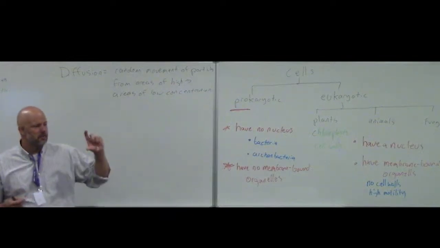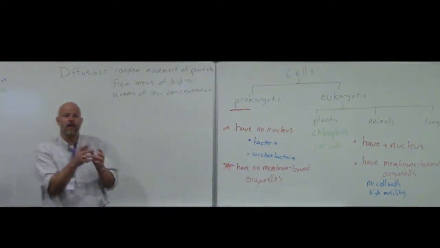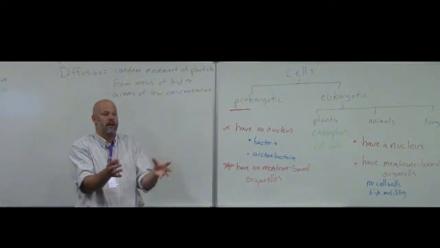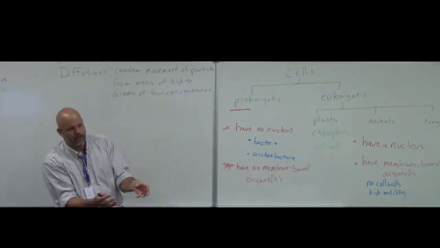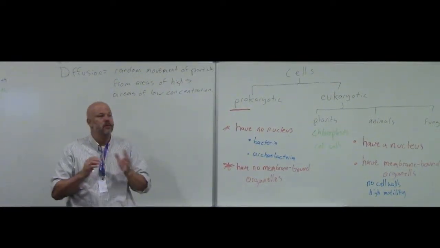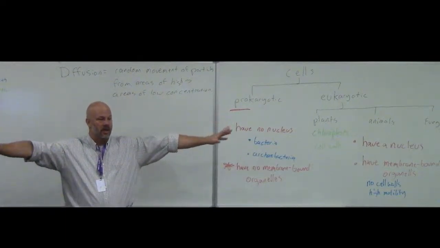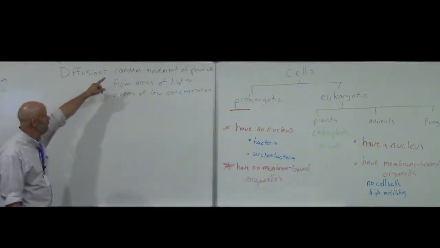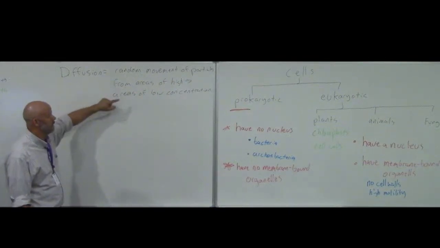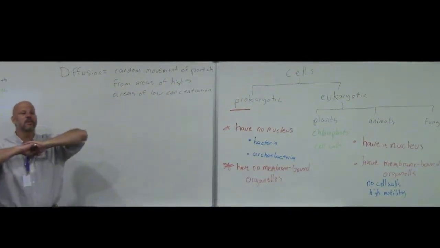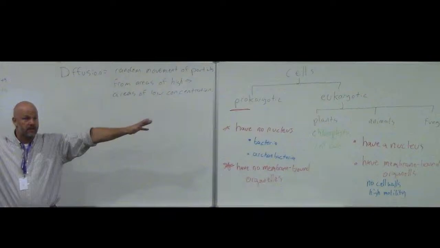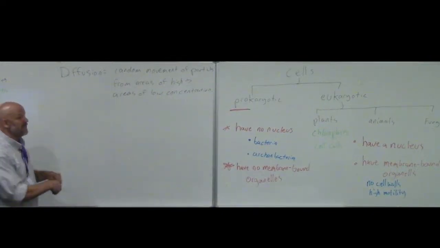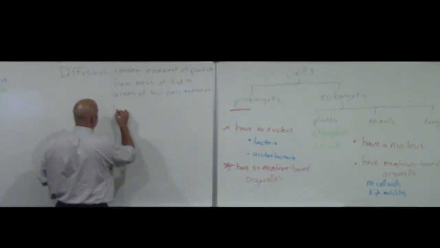Because it starts off super concentrated. It's there in that bottle, and when I first spray it, it's just there right in front, right? And if you were right there, you'd be like, wow, that's a lot of cologne. But it will diffuse, it will spread out over time. It will randomly move from an area of high to an area of low concentration. It will do this until it has an equal concentration everywhere, until there's even distribution of particles.